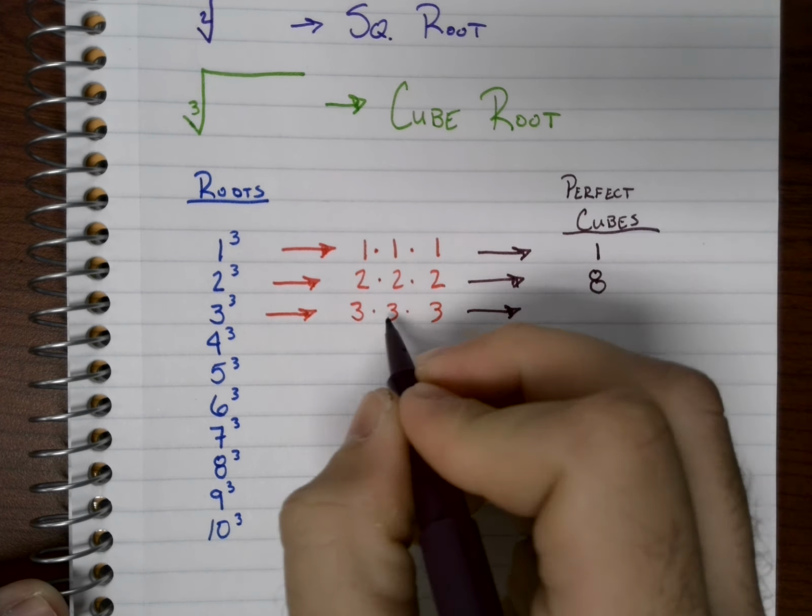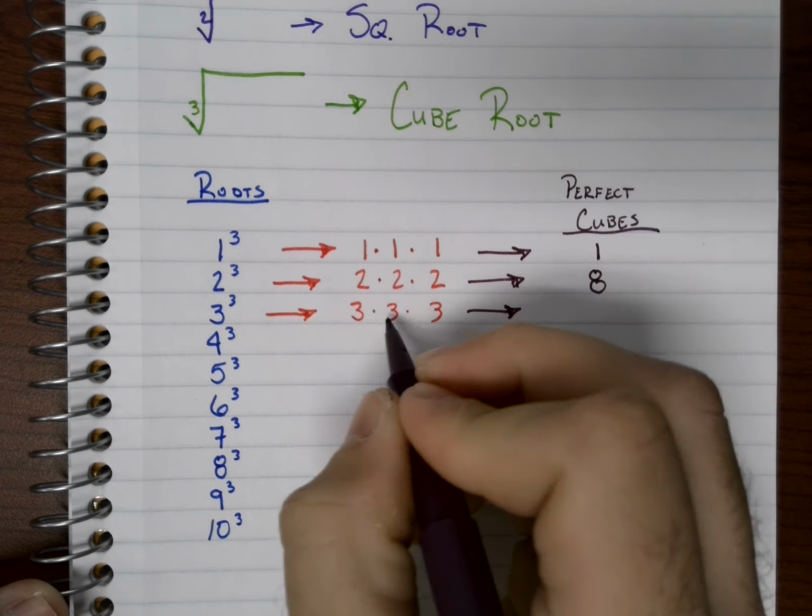Our next one, we have 6 times 6 times 6. And 6 times 6 is 36. 36 times 6 is 216.